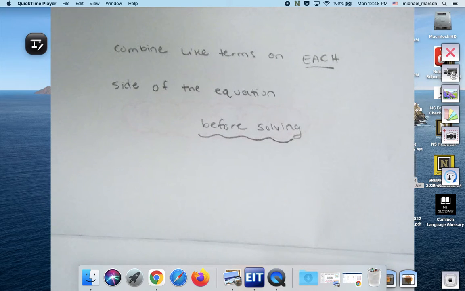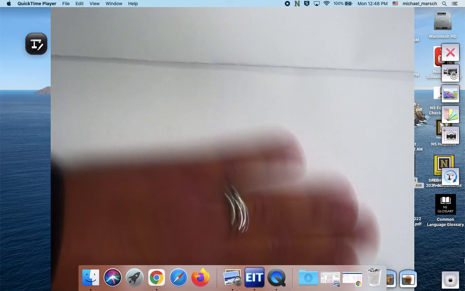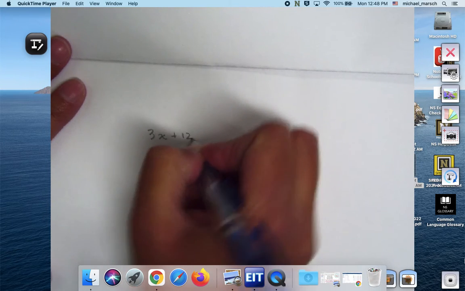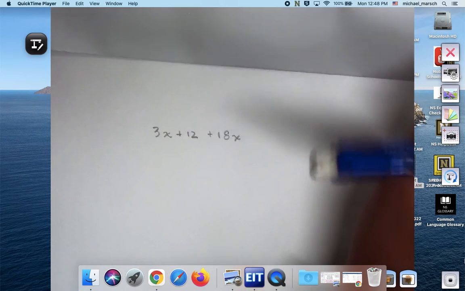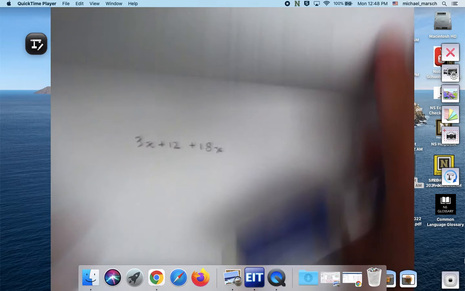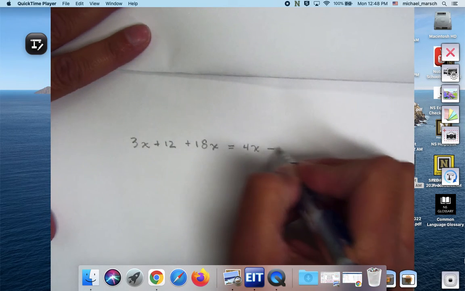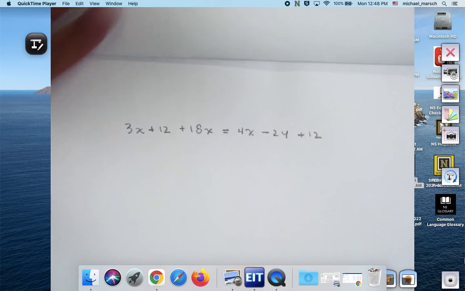Okay, so we're going to write out the equation where we left off. So now I'm down here on the big section. I left off at 3x plus 12 plus 18x equals 4x minus 24 plus 12. Right, so this is where we left off after clearing the fractions.